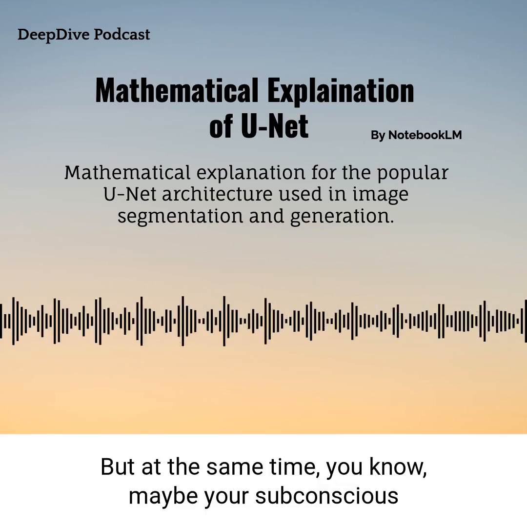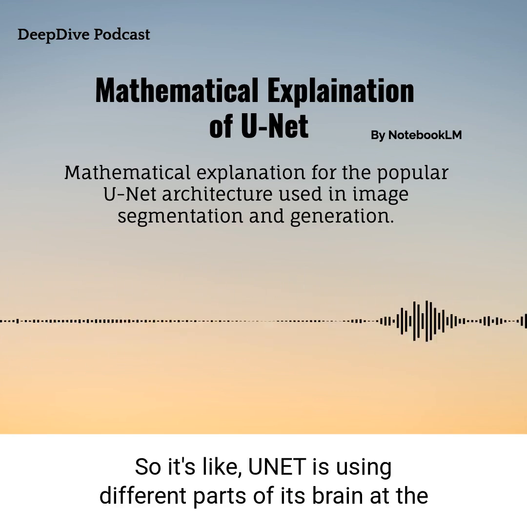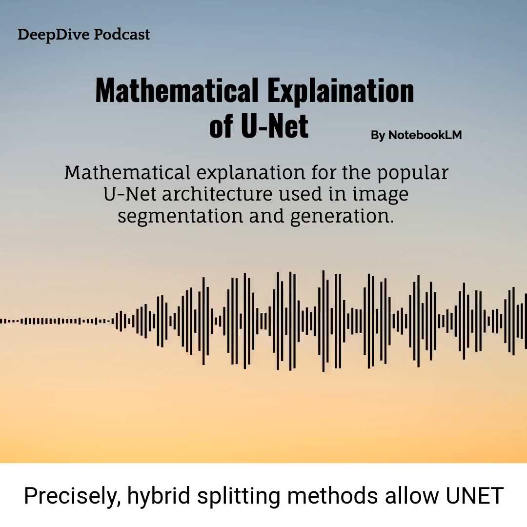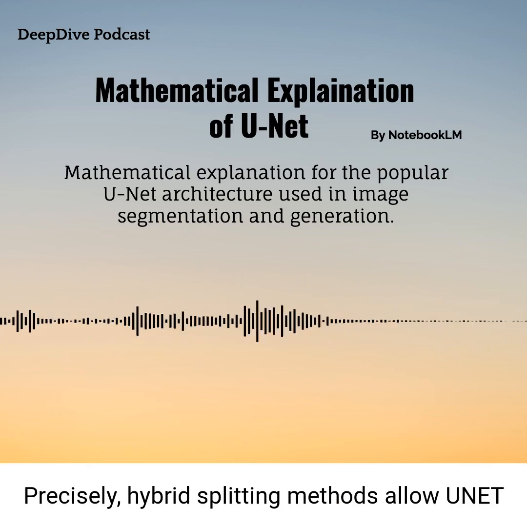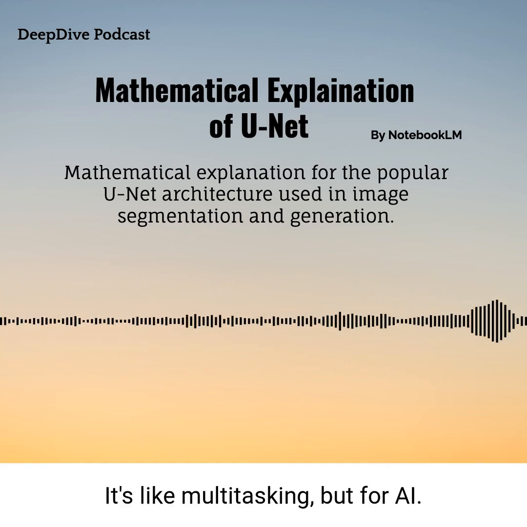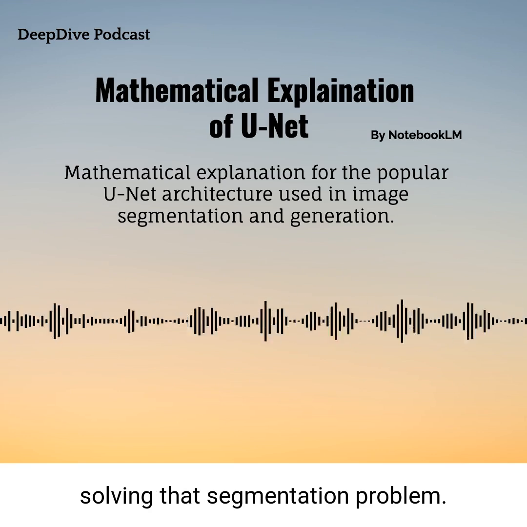But at the same time, maybe your subconscious is piecing together another part in the background. So it's like UNet is using different parts of its brain at the same time to tackle those different levels of detail. Precisely. Hybrid splitting methods allow UNet to combine sequential and parallel processing. It's like multitasking, but for AI. And it makes it much faster and more efficient at solving that segmentation problem.